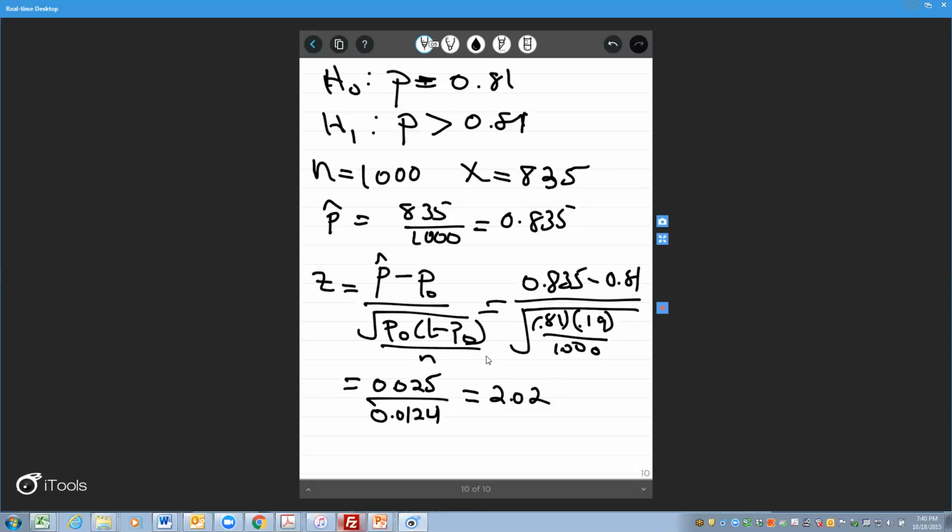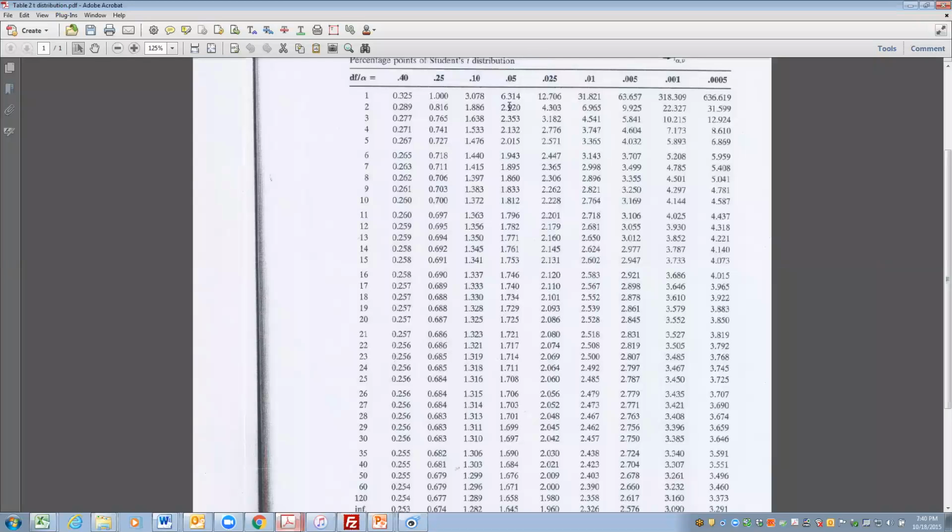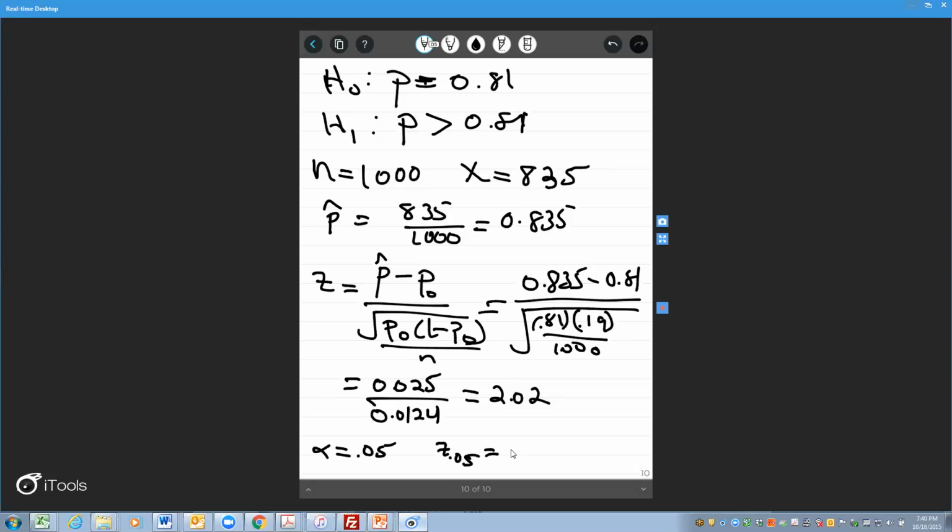And again, let's use alpha is 0.05. Because I have a one-sided test now, that whole 5% will go in one tail. So we will use the 0.05 column here and look at the infinity row, and that gives me 1.645.